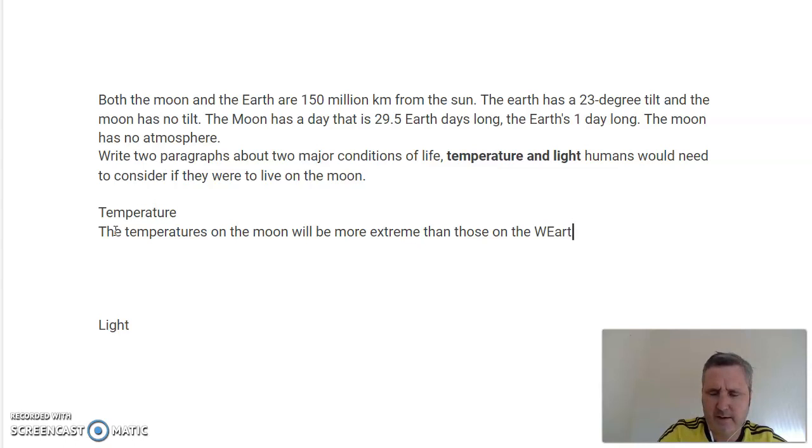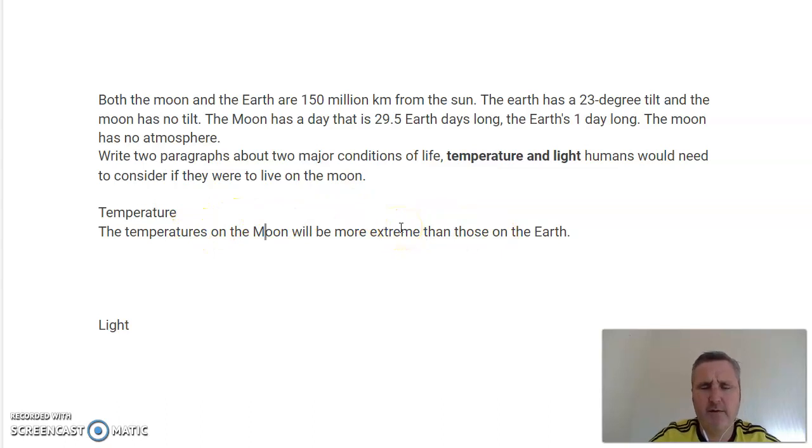I might look up the facts and find this out. It gets incredibly hot on the Moon in the middle of their day, and it gets very cold in the middle of their night. So I've put a statement down saying that the temperatures on the Moon will be more extreme than those on the Earth.